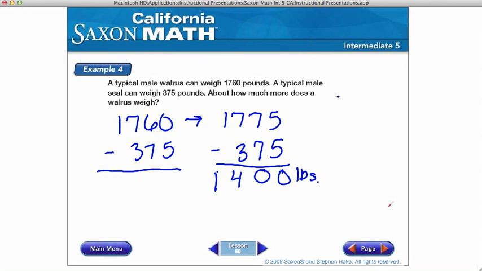Okay. Another option is to round 1760 to 1,800. Whoa, let me try that again.